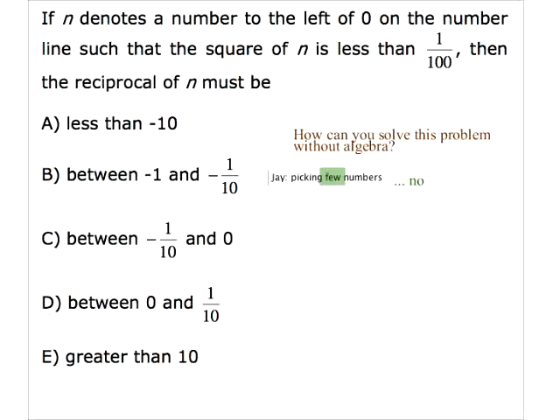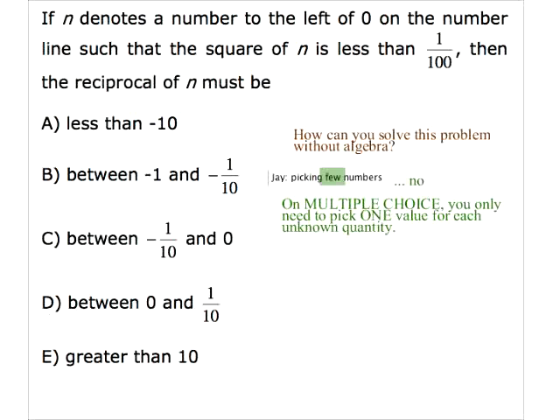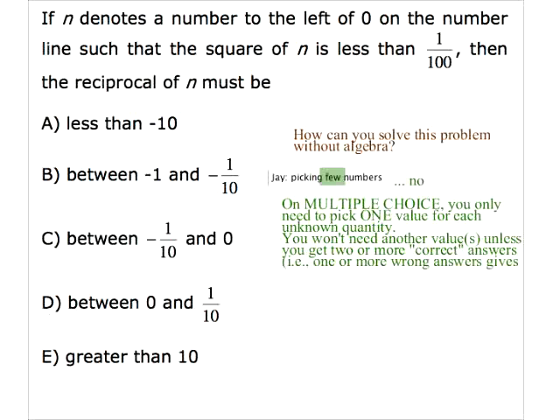On problem solving, on multiple choice, you only need to pick one value for each unknown quantity. The only time you need another value is if you get two or more correct answers, meaning one or more wrong answers gives the right number by pure coincidence.